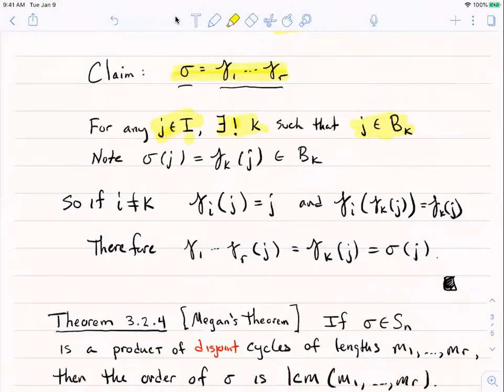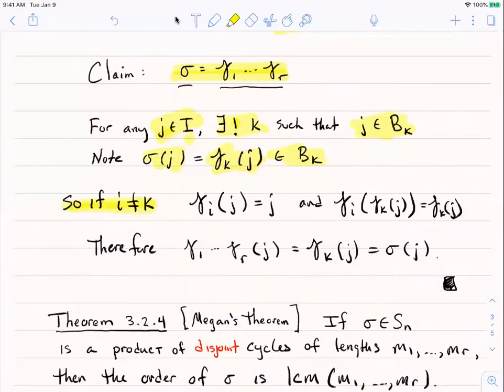Okay, so then sigma of j by definition is gamma sub k of j, and that's also in the kth orbit, right? When sigma moves you to something, you don't leave the orbit. You're still in that same equivalence class. Cool.